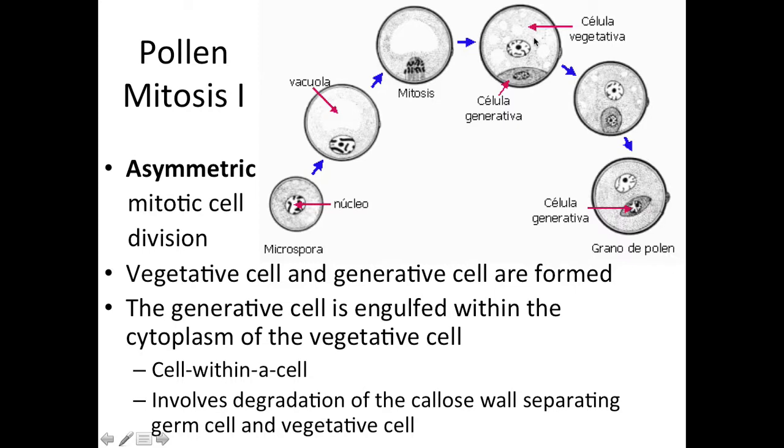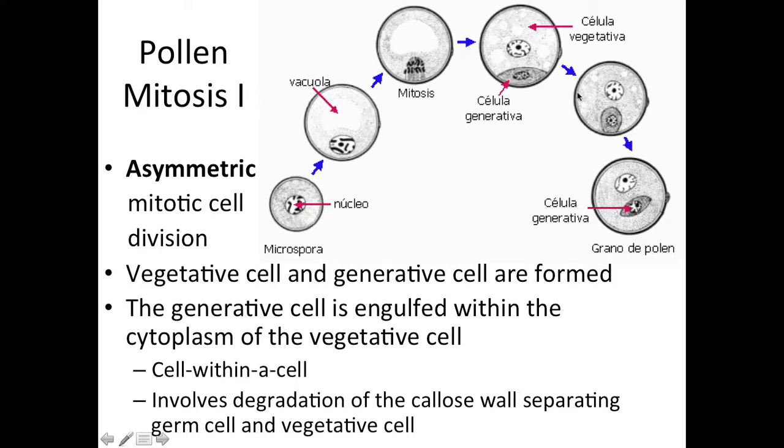All right. After pollen mitosis 1, and you have these two asymmetric cells, one of the cells is stuck to the periphery. This little cell here is going to be engulfed by the larger cell. And this process is similar to phagocytosis. Okay, so this cell here is going to be engulfed by the larger cell.